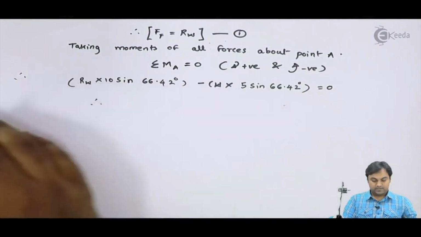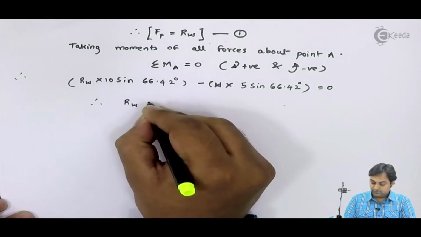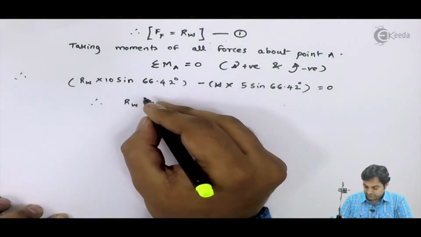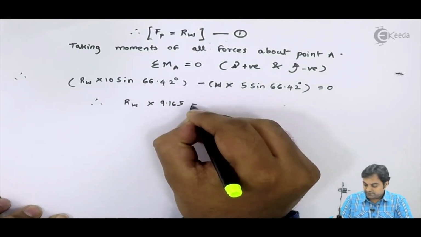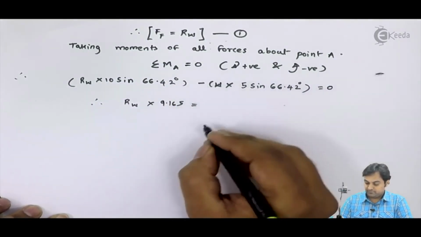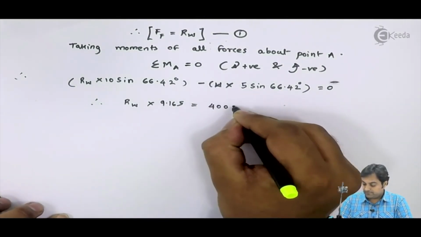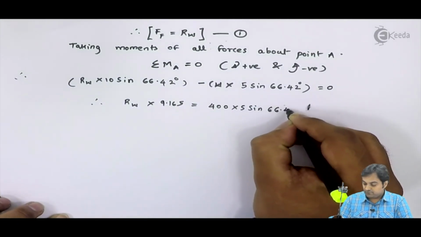Therefore, I will have Rw into this value of 10 sine 66.42 degree, that comes out to be 9.165. And if I shift these terms to the other side, W is given to me as 400 Newton. So 400 into 5 sine 66.42 degree.